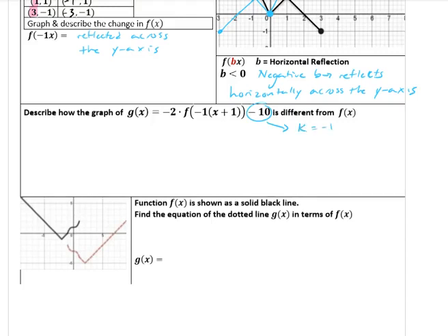So if k is a -10, that means it's going to be shifted down 10. Let's take a look at this number here. Since it's a positive one, that means that my h was actually a -1. Therefore, it's going to shift left 1.